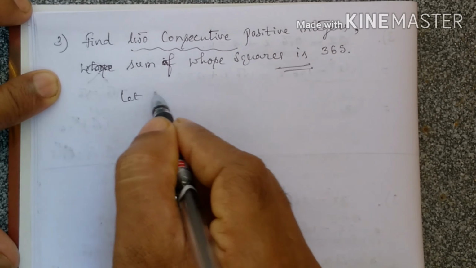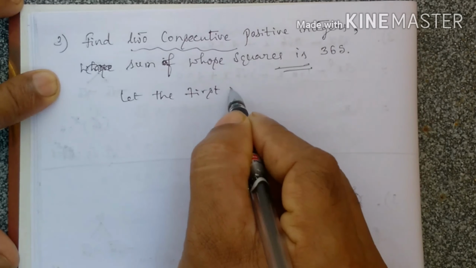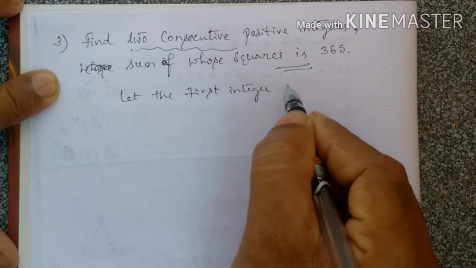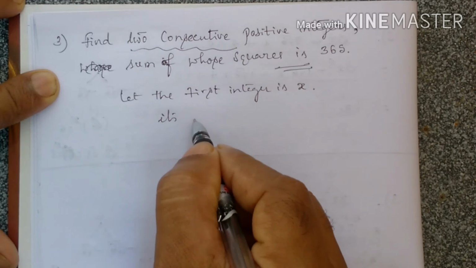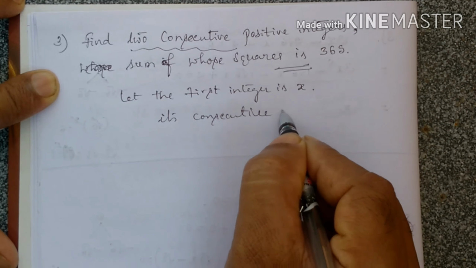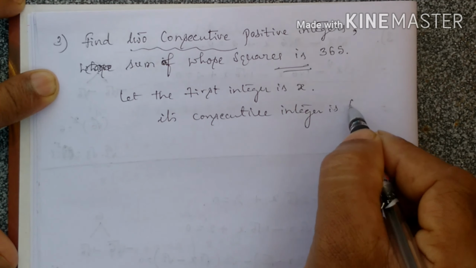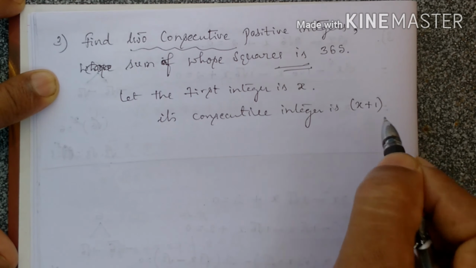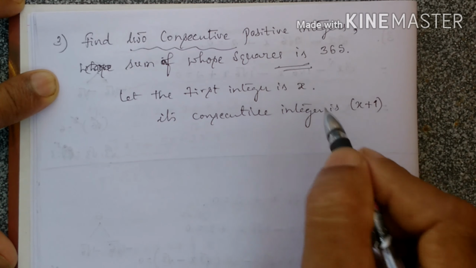Let the first integer be x. Its consecutive integer is, as we already know, the next number. How are we going to get the next number? By adding 1 to the previous.